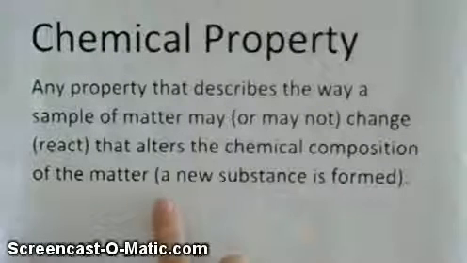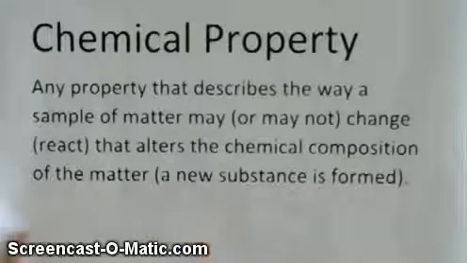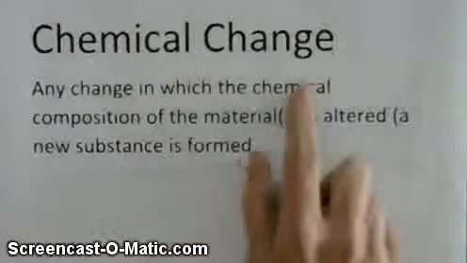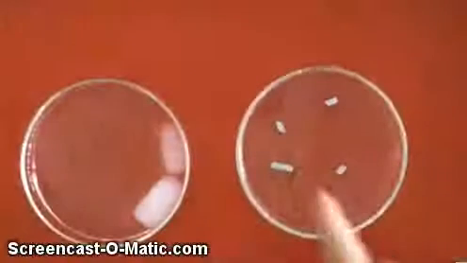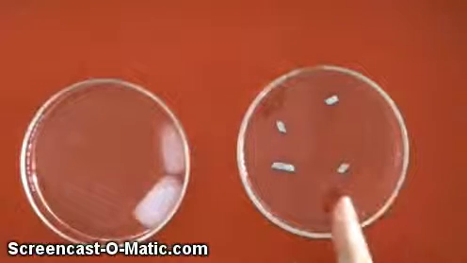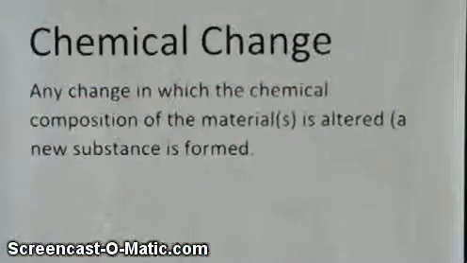We described how they reacted, and we got new substances for both descriptions. So if I want to see a chemical property, it has to undergo a chemical change. Because I can't see that the magnesium is going to react with acid unless I actually react it with acid. So what is a chemical change?